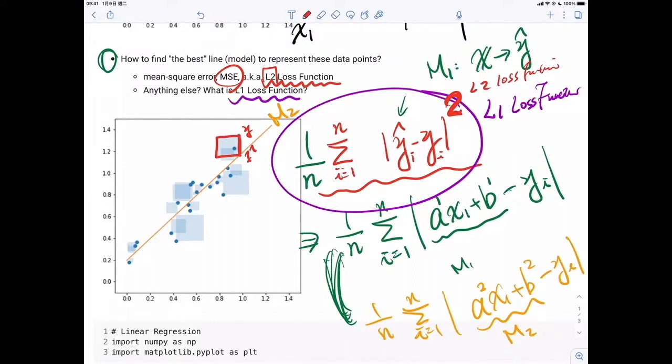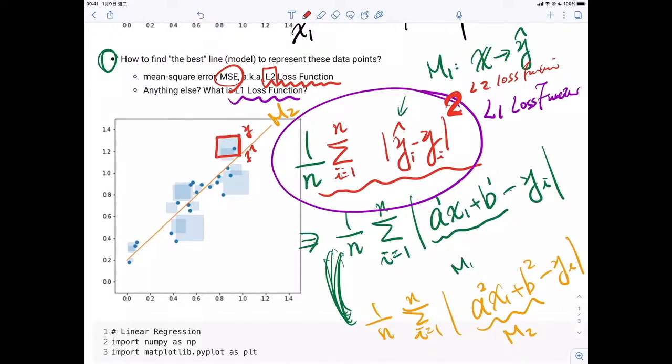In the L2 loss function or MSE, we are seeking the summation of the square of the difference between y and y hat, which means the area of this rectangle. With the summation of those squares, we want to know the smallest area, 就是最小的面积, to evaluate this model.